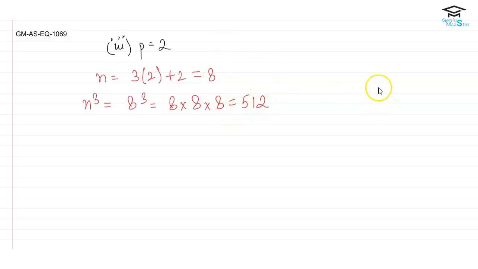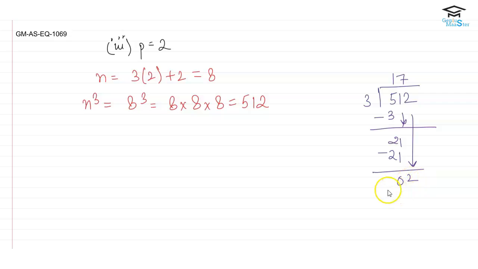Now we will divide 512 by 3. 3 ones are 3, 3 sevens are 21. So it gives remainder as 2 and quotient as 17.